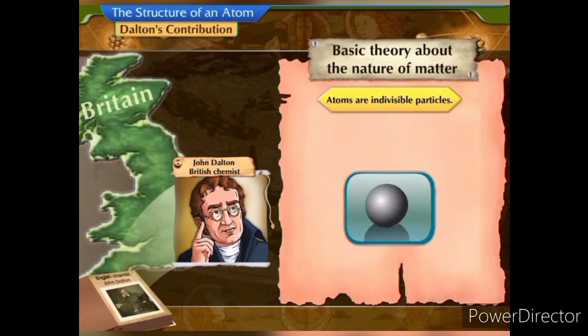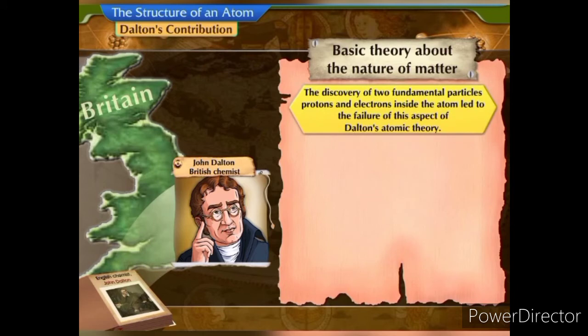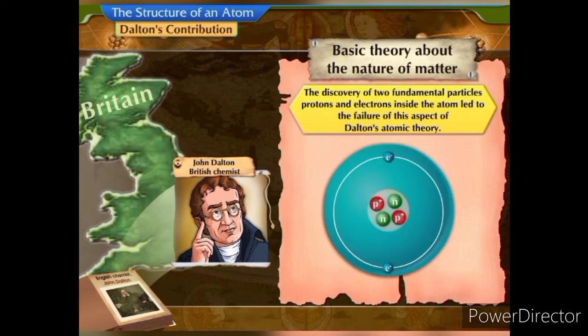Atoms are indivisible particles which cannot be created or destroyed in a chemical reaction. But the discovery of two fundamental particles, protons and electrons, inside the atom led to the failure of this aspect of Dalton's atomic theory.